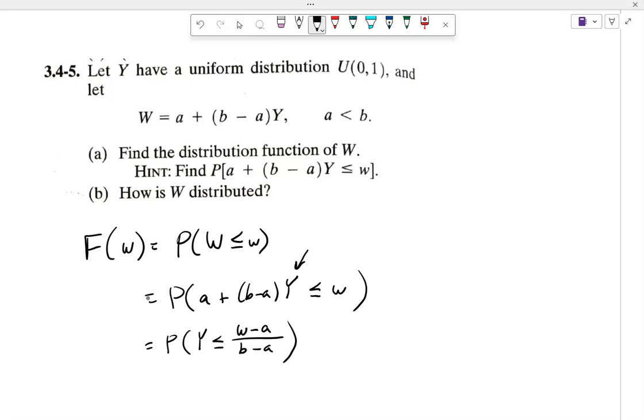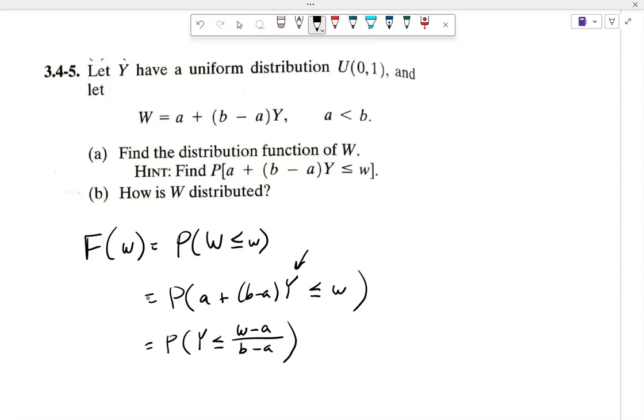Okay, so before we write this down, let's talk about where we started and where we are now. This is a statement about the cumulative distribution function, the CDF of W, right? We transformed that into a statement about the CDF of Y, right?